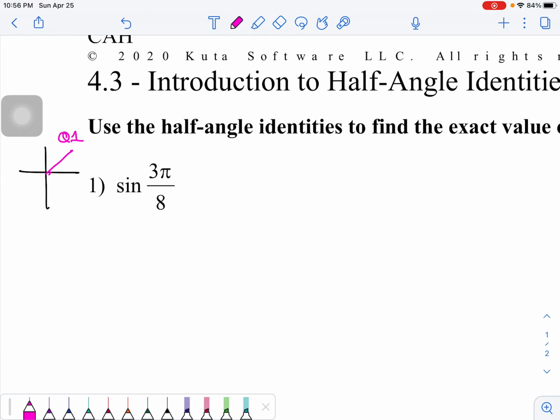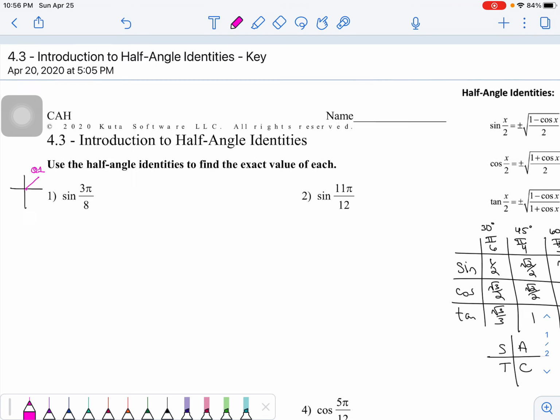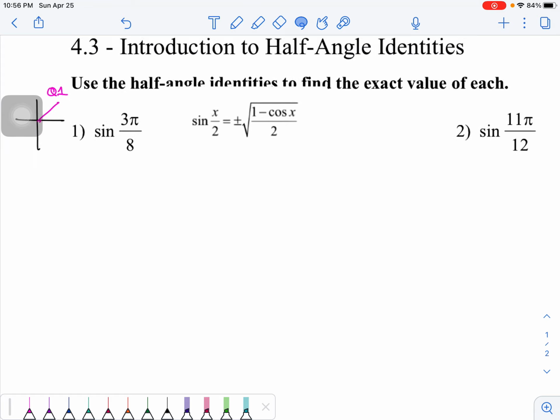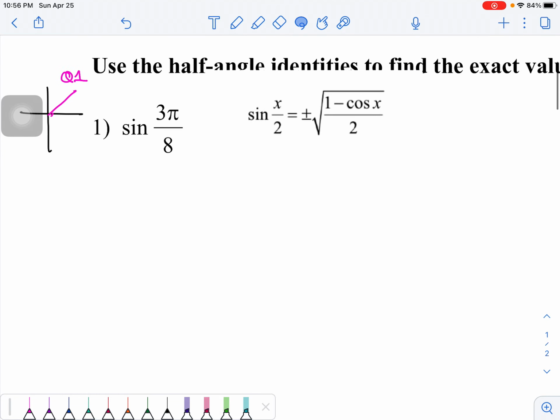Now, why do I care what quadrant I'm in? Well, let me zoom back out here. Let me do a quick copy. I need this one, so copy that and paste it. Okay, so this is the formula I'm going to be working with. If you notice, this formula has a little plus minus in front of it. It's not that there's 2 answers, it's that you have to figure out if your answer is positive or negative.